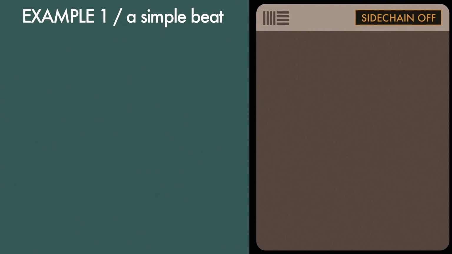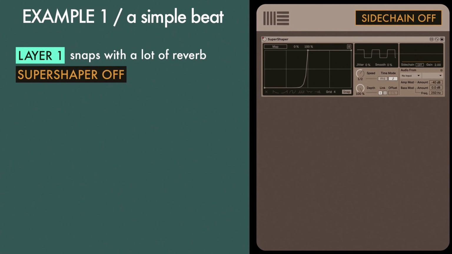So, here are some SuperShaper uses. Let's create some motion to a super basic 4 to the floor beat without even using the sidechain.